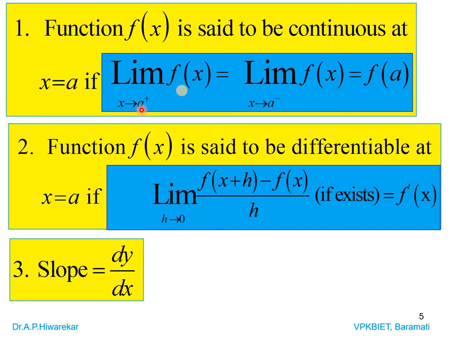This is the right hand limit of f(x) as x tends to a plus, this is equal to the limit of f(x) as x tends to a minus, and this is equal to the value of the function at that point. And this is about differentiability. And one more standard result, that is the slope of y equal to f(x) is given by dy by dx, which at that point you can find.